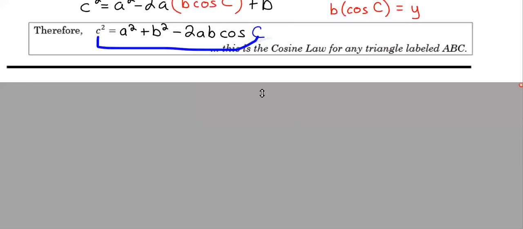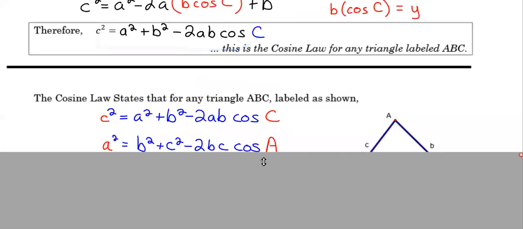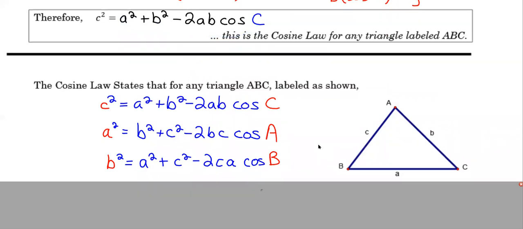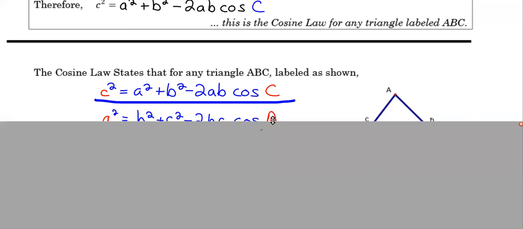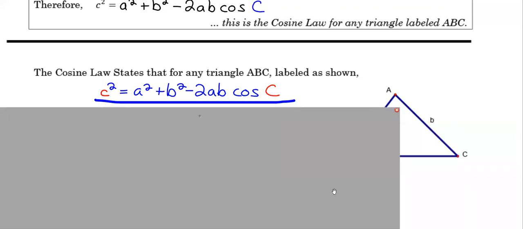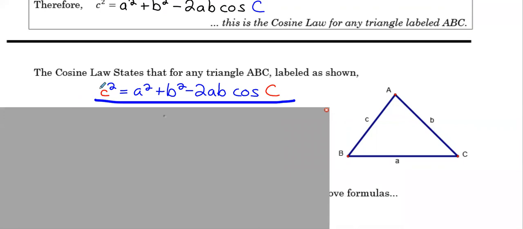I'll demonstrate that with the diagram down here below, and you notice I got it color coded as well. This version of the formula is relating the fact that, if you're trying to find this side length here in the triangle, then you must have the angle opposite that side.